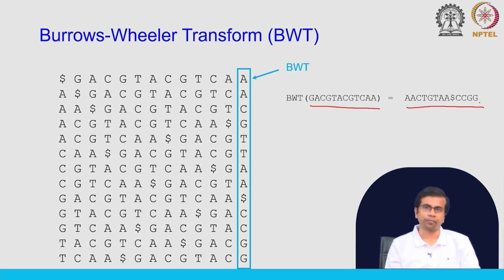What you probably notice is that this transform generates a string that is of the same size as the reference sequence. It is just +1, you have a dollar extra, but this is roughly the same size as the reference genome, which means it would probably not take too much space in memory.